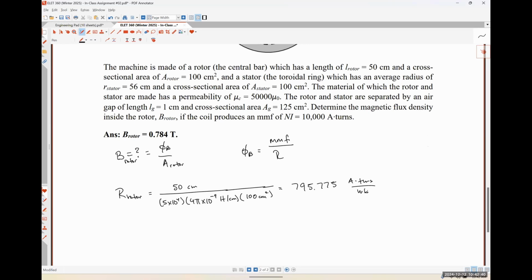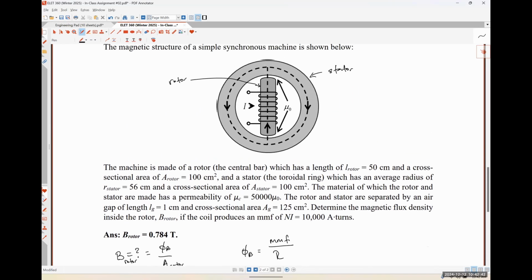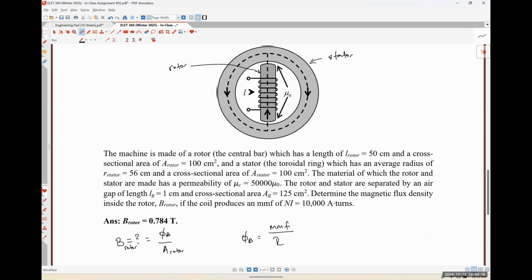All right, so let's talk about the stator. I've tried to illustrate it on the figure here, but as our magnetic flux is generated by this coil, it's going to flow through the rotor and then the air gaps, and then it's going to hit the stator, and it's going to have two identical paths, one to the left and one to the right. Realistically, we could treat that as the reluctance of the left-hand path in parallel with the reluctance of the right-hand path, which, since they're identical, is just half the reluctance of one path.